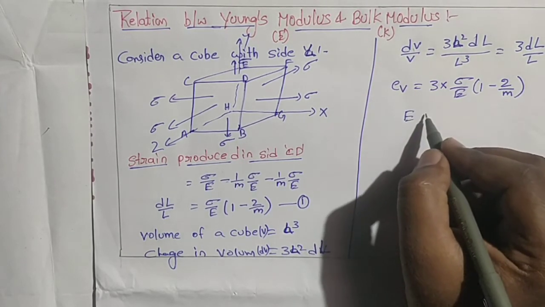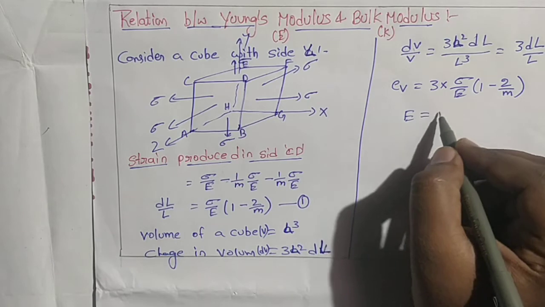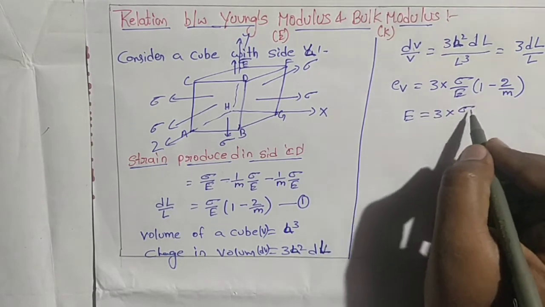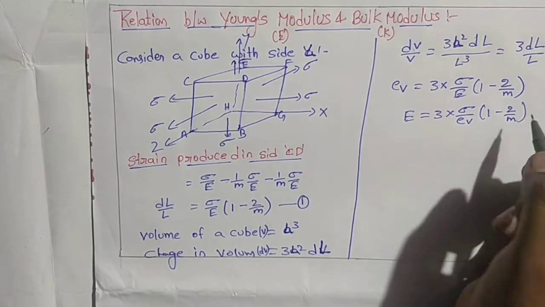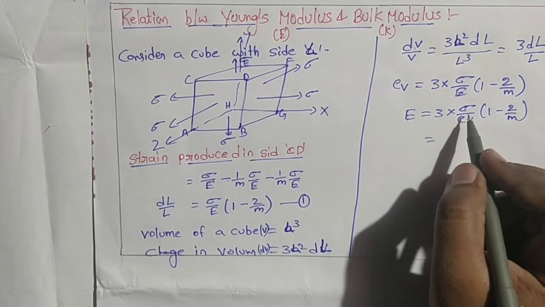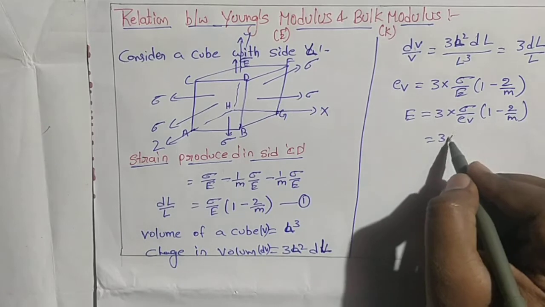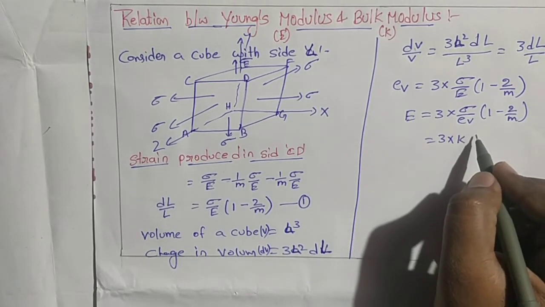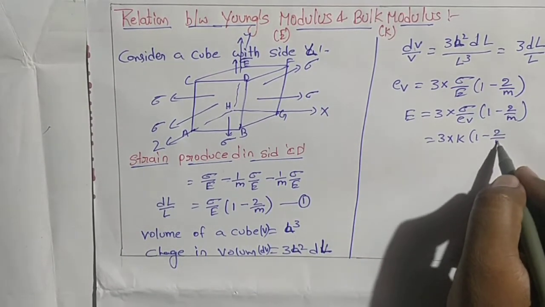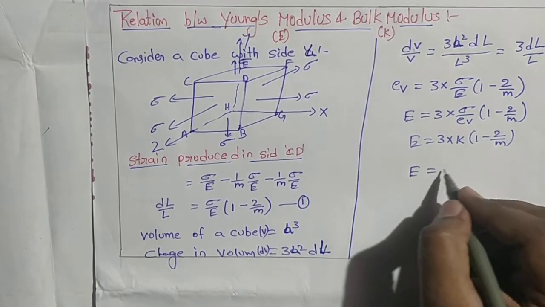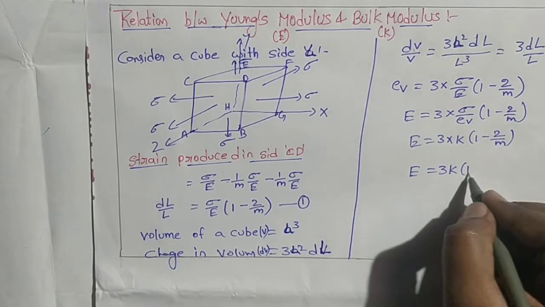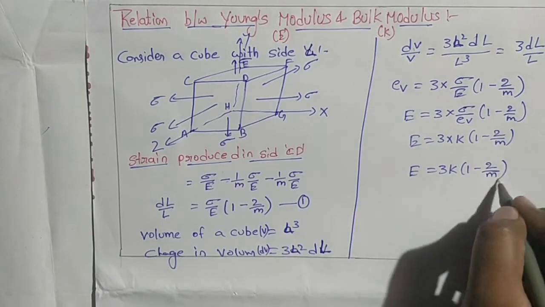Cross multiplying this above equation, E equals 3 into sigma by volumetric strain into 1 minus 2 by m. Therefore, we know that sigma by volumetric strain is known as bulk modulus, so E equals 3K into 1 minus 2 by m. It is the relation between Young's modulus and bulk modulus.